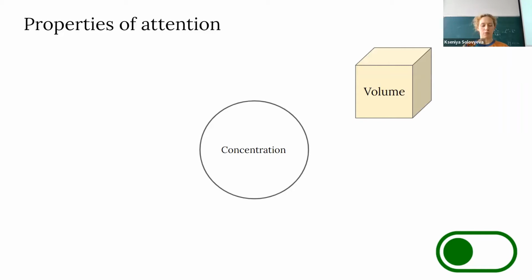Another one is volume. So what do you think about the volume? In terms of attention? Yeah, in terms of attention. Like when the volume is big, like concentration. Yeah, for example, your volume is bigger than my volume of attention.